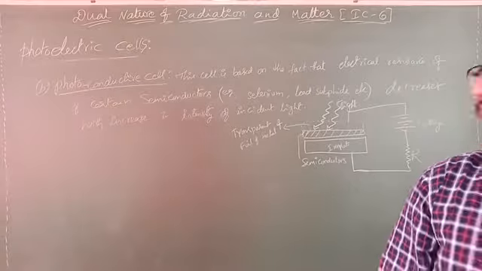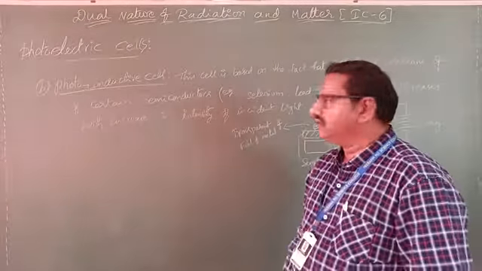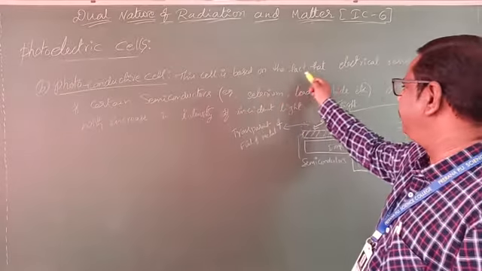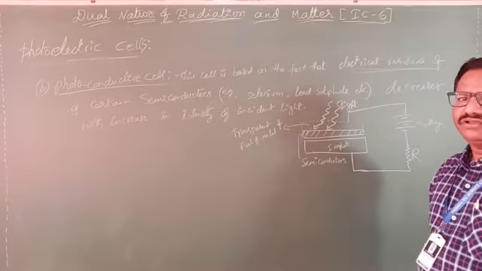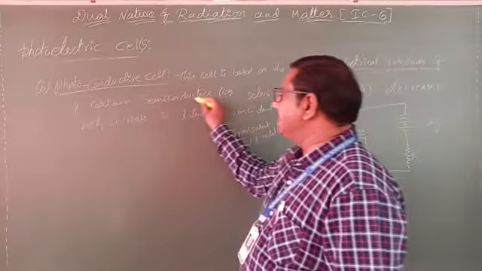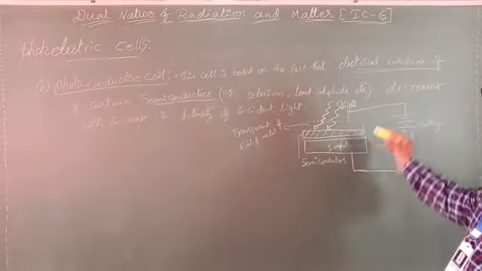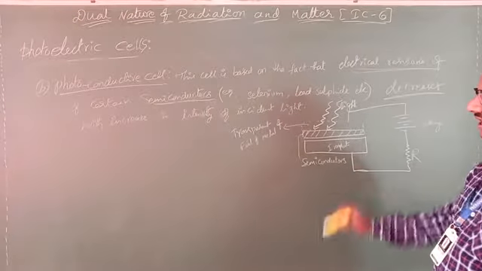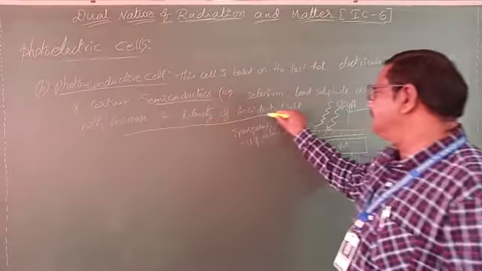See here, second one is a photoconductive cell. This photoconductive cell is based on the fact that the electrical resistance of certain semiconductors will decrease with increase of intensity of incident light.